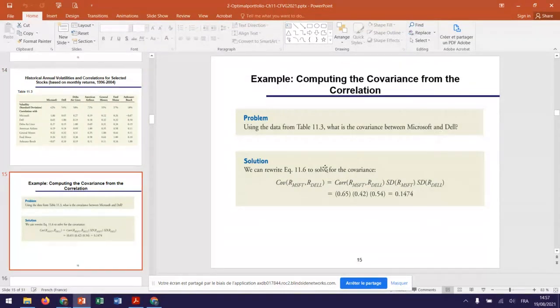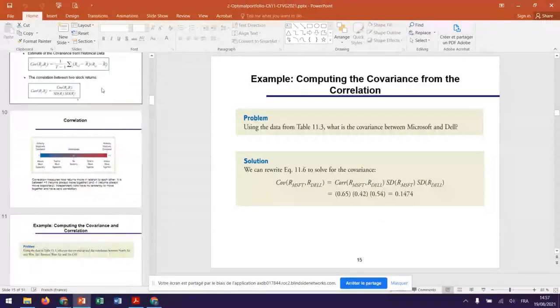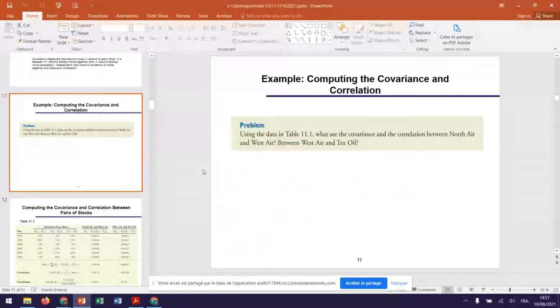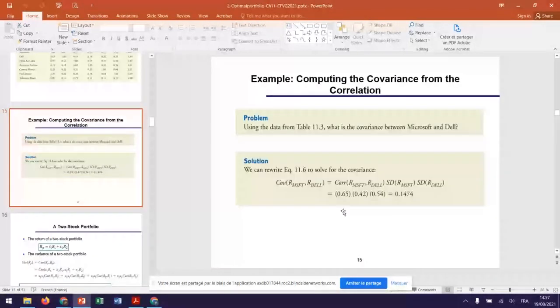I just simply take the formula from earlier. Correlation is equal to covariance divided by the standard deviations. To get the covariance, I just take the correlation multiplied by the standard deviation of each. So I can simply calculate the covariance of Microsoft and Dell, which is 0.1474.